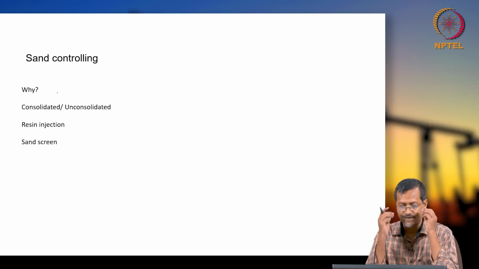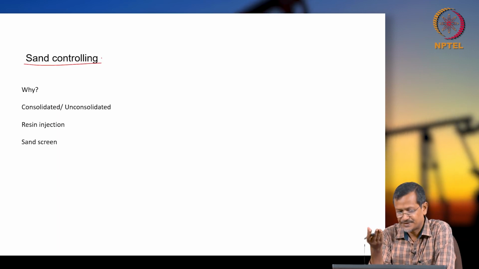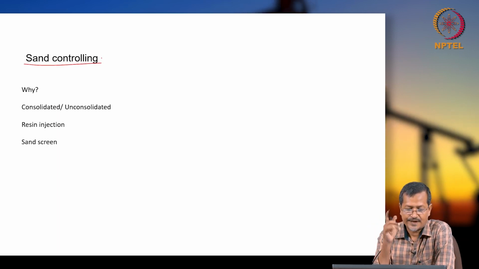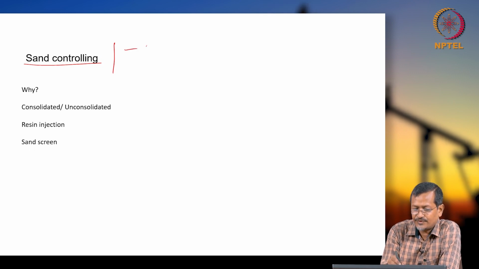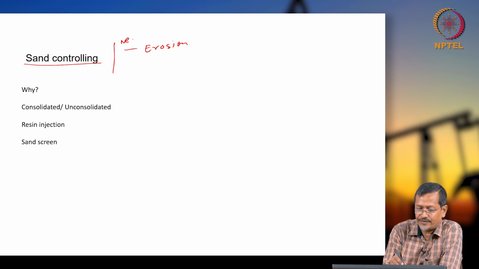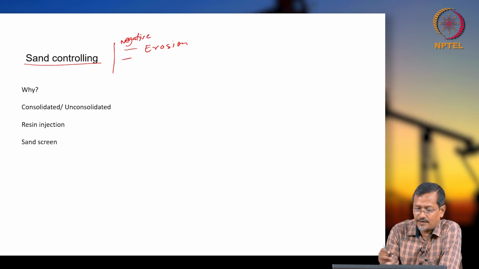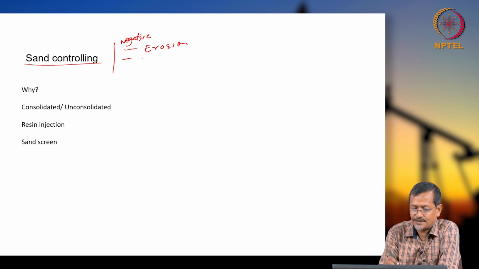Sand control techniques are used to reduce the amount of sand you are producing. I already told that sand will have a negative effect because of erosion. Another is deposition.